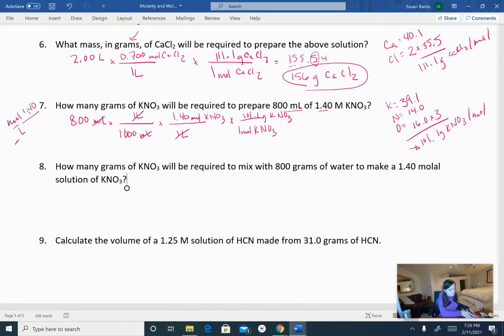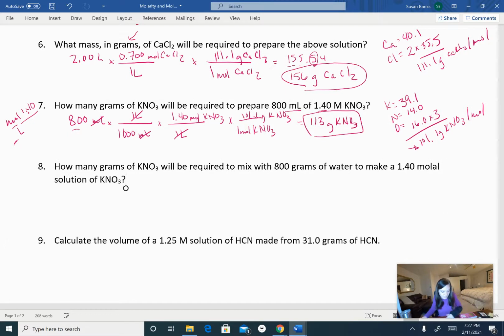Okay, so when I do all of that math, I've got 3 digits here, so I'm going to report 3 digits here. So I've got 113 grams of potassium nitrate. So mathematically, 800 divided by 1,000 multiplied by 1.4 multiplied by 101.1. Okay, so let's look at this.